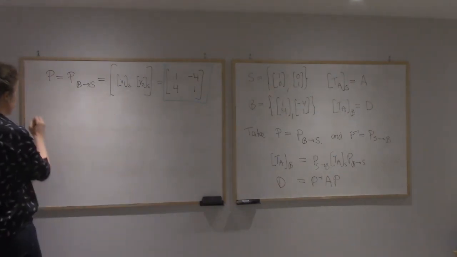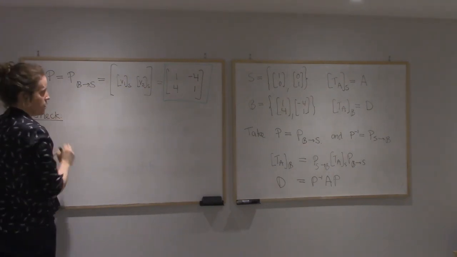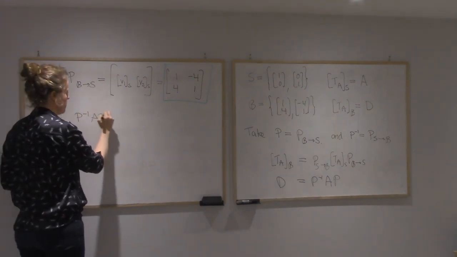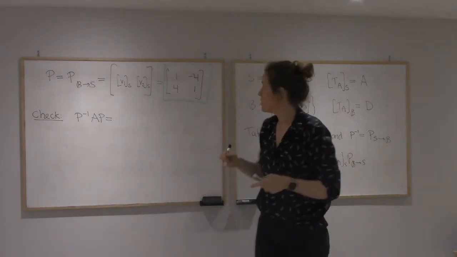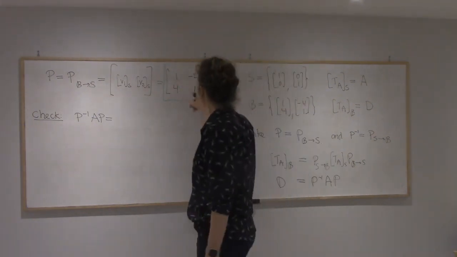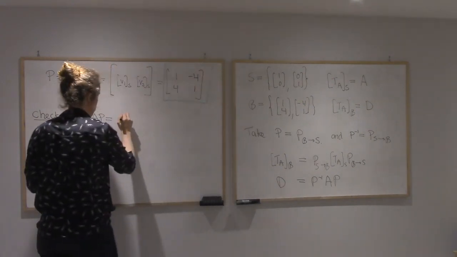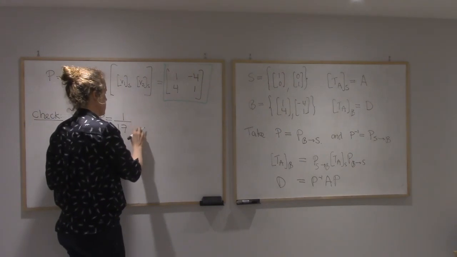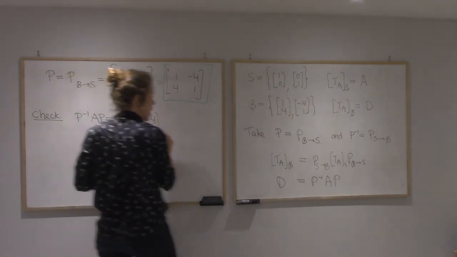Let's check that this is true. I'm going to compute P inverse A P. I'm going to use the formula for the inverse of a 2 by 2 matrix, so 1 plus 16, so 1 over 17, and then I'm going to switch the signs.